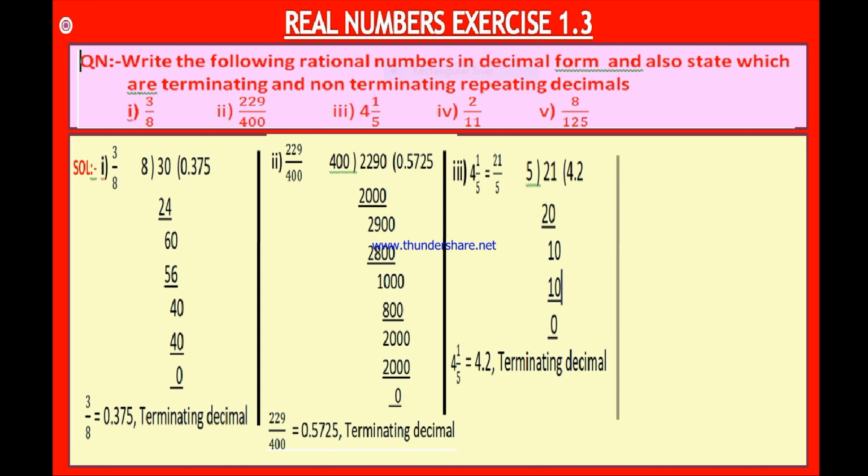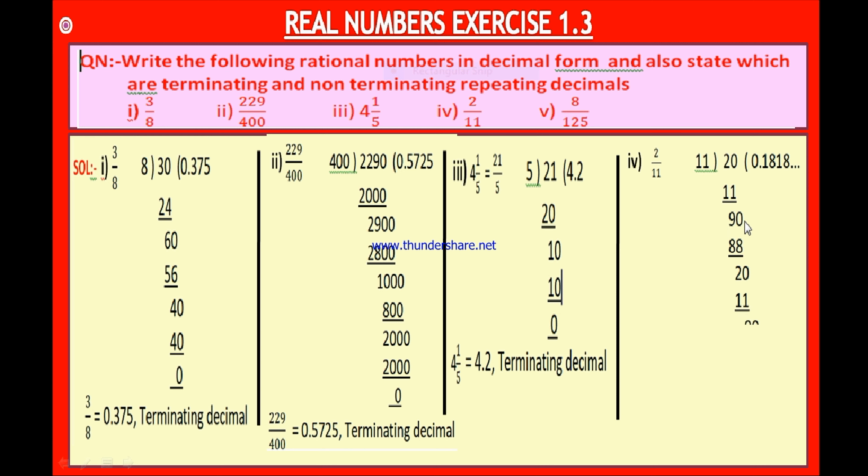Now look at the fourth bit, 2 divided by 11. Take 2 and let us divide this 2 by 11. As you cannot divide, keep 0 point. It is 20. In 20, 11 goes 1 time, 1 into 11 is 11. If you subtract 11 from 20, you will get 9 remainder.